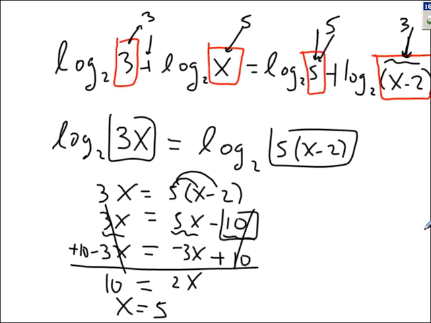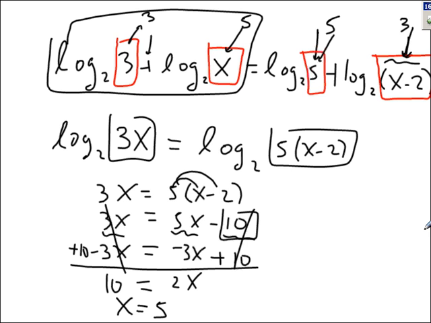And here's a real simple check. Log 3 plus log 5, yeah, that's log 5 plus log 3. Remember, we said that this is really 5 and x minus 2 is really 3. So log 3 plus log 5 equals log 5 plus log 3.